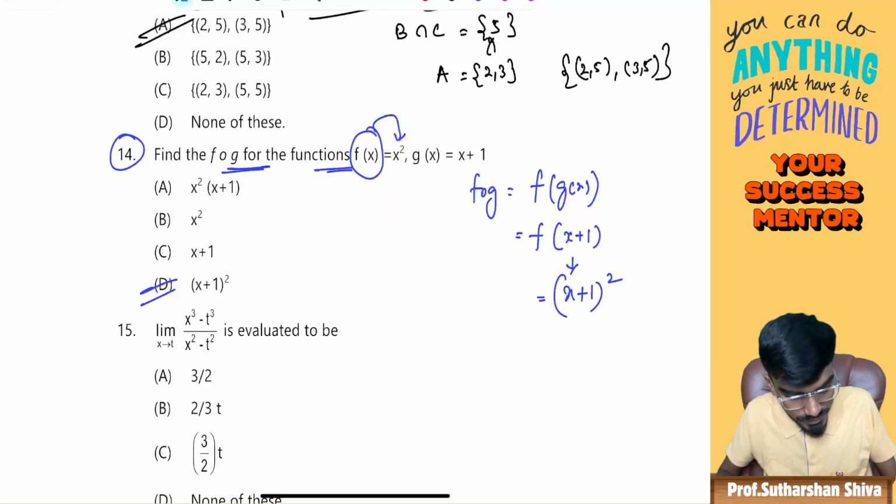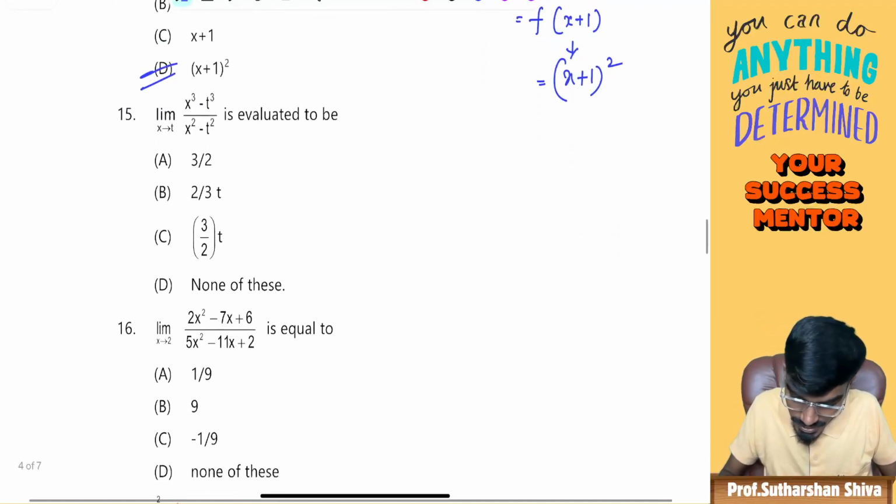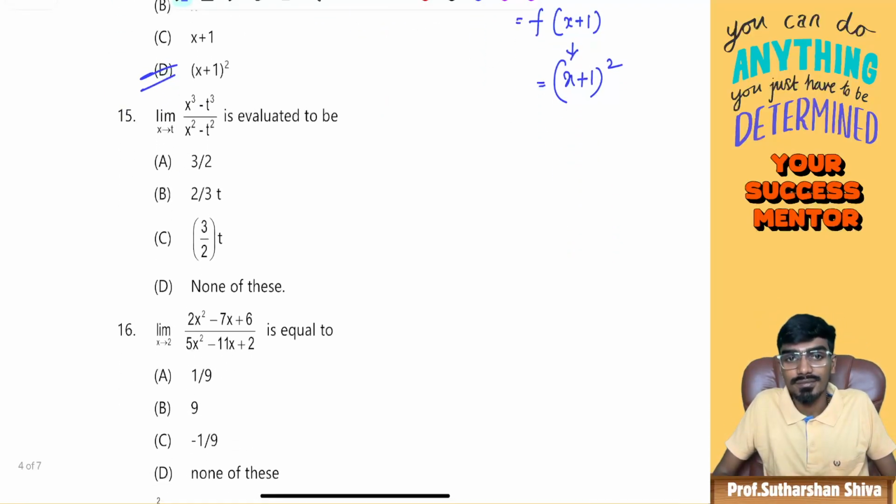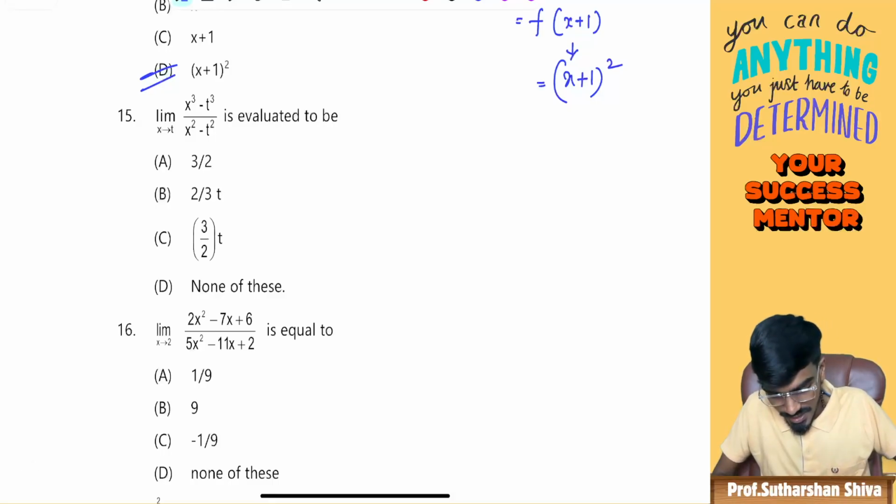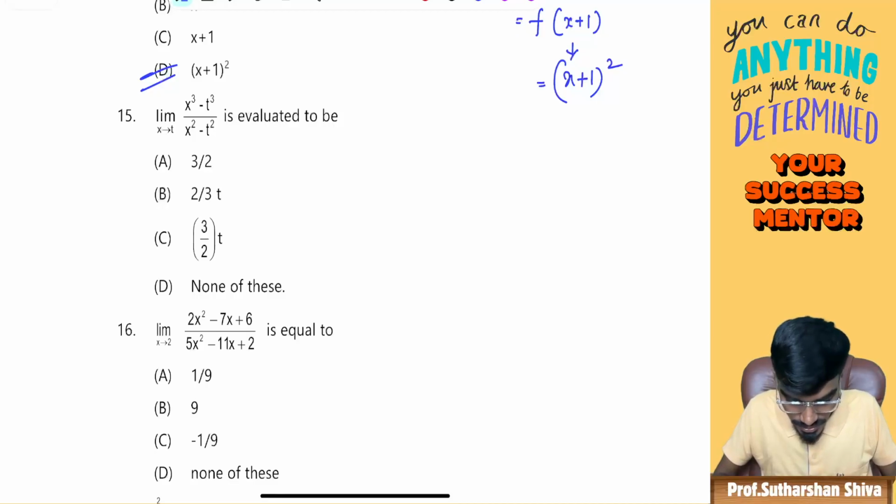Okay. Next, 15. Limit as x tends to t, x cube minus t cube divided by x square minus t square is evaluated to be. How can I substitute this?